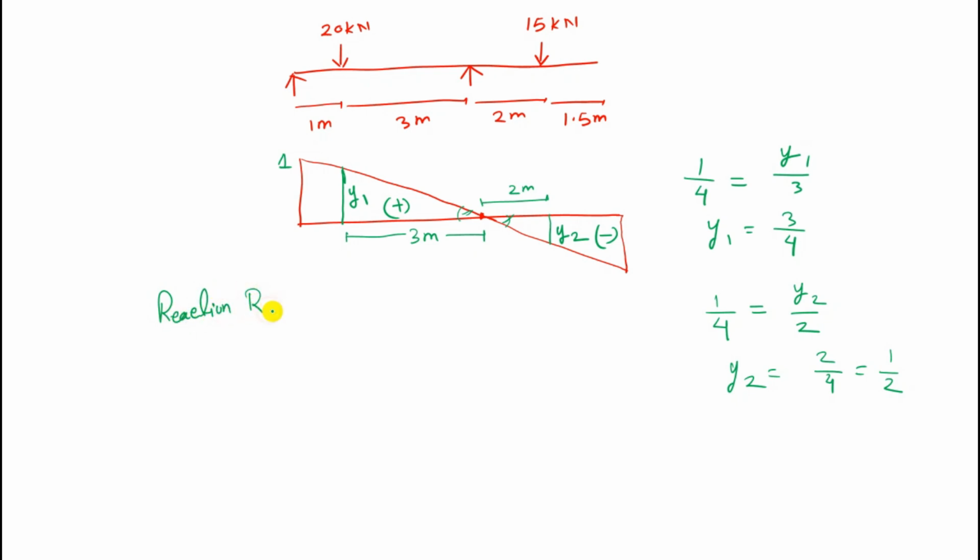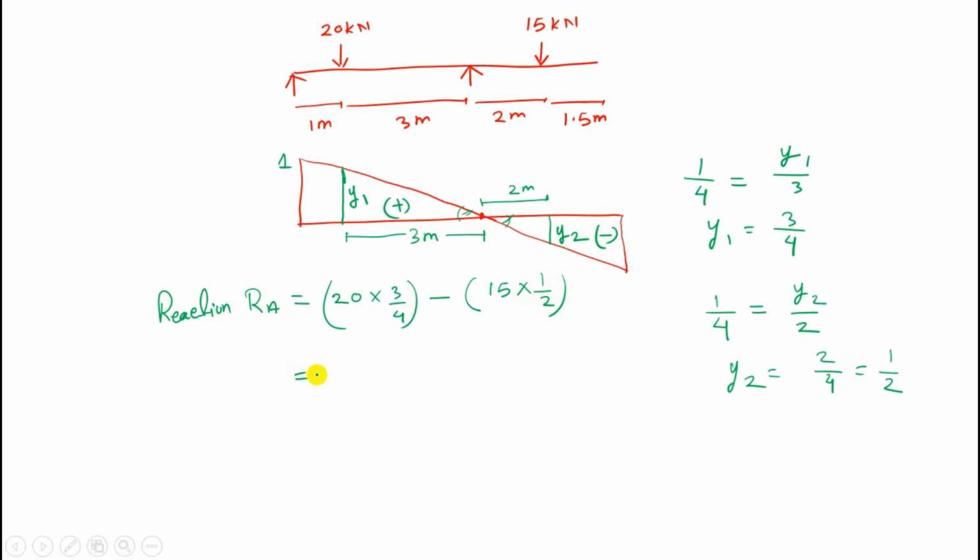So reaction RA equals 20 multiplied by 3 by 4, and it is positive, and 15 multiplied by 1 by 2, it is negative.